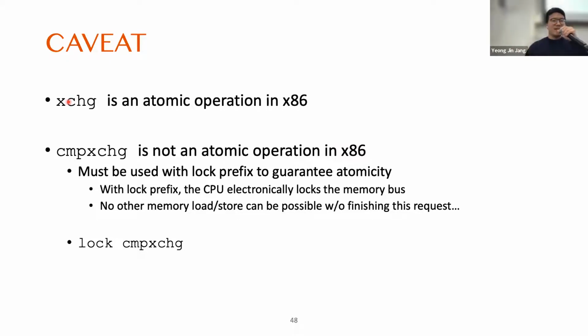So in the Intel design, compare exchange is not a memory bus locking operation. If you would like to have the same guarantee of atomicity as exchange, then you must use lock compare exchange. Then the CPU will lock the memory bus, to guarantee that no other CPU can run at the same time.